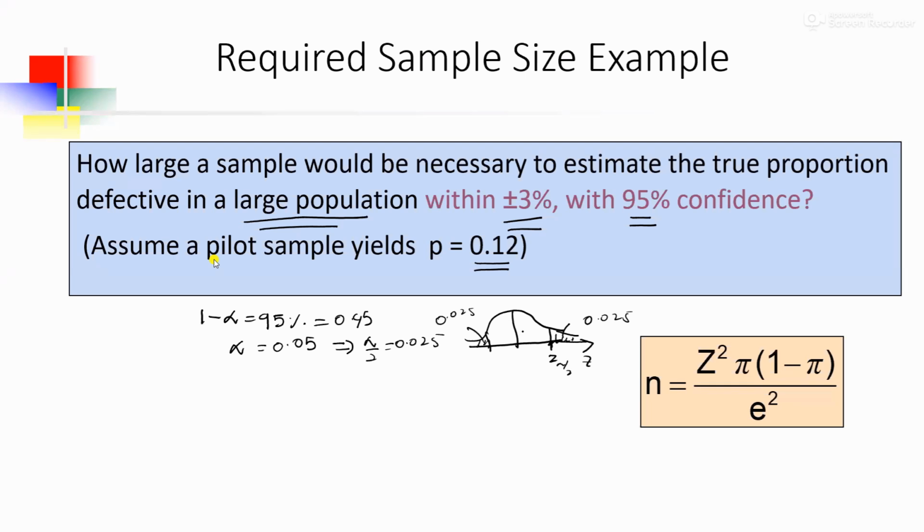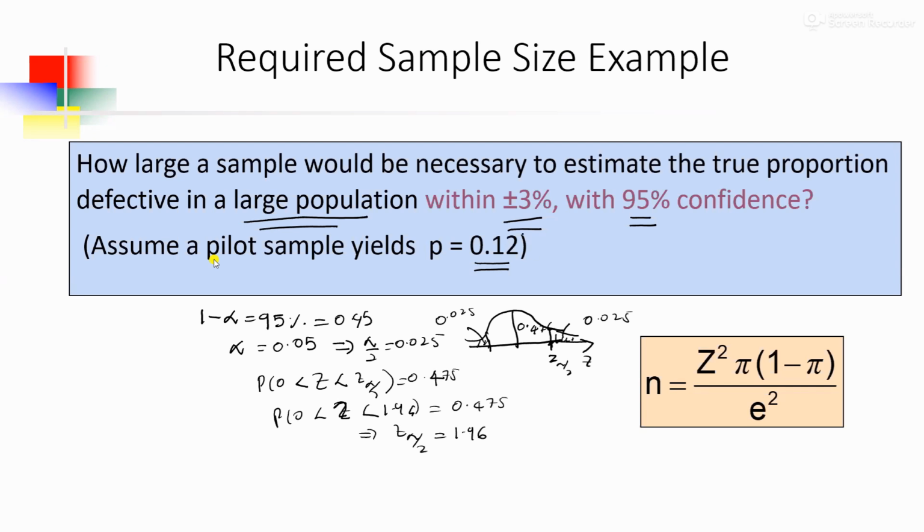Then the middle area is 0.475. Then the probability of 0 less than Z less than Z alpha by 2 is equal to 0.475. From the Z table, we can identify this as 1.96. From this, Z alpha by 2 is equal to 1.96.